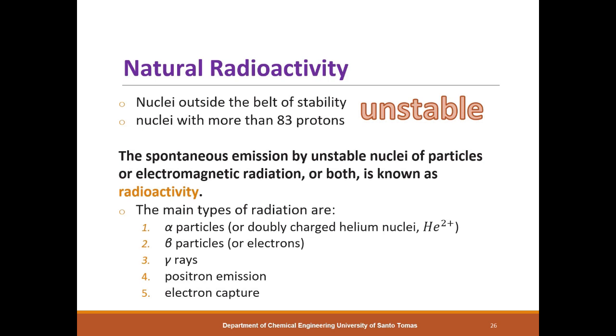The main types of radiation are alpha particles, or doubly charged helium nuclei, beta particles, or electrons, gamma rays, which are very short wavelength electromagnetic waves, positron emission, and electron capture.